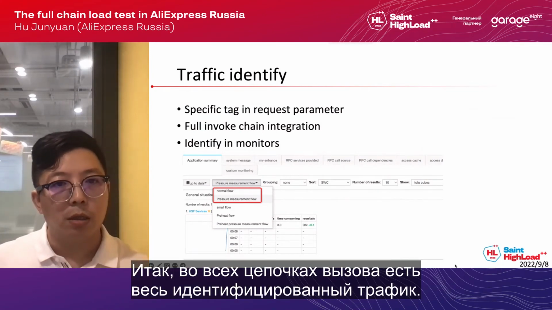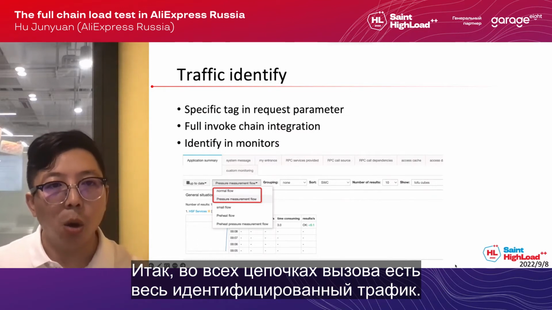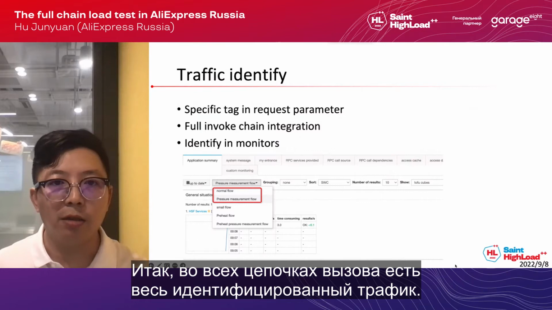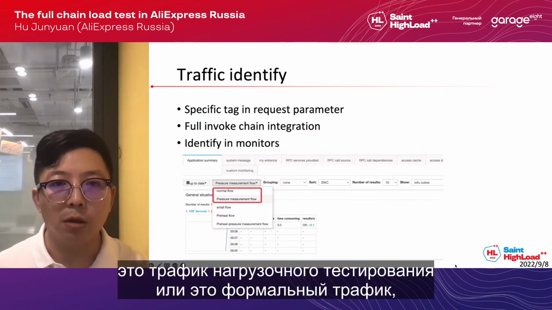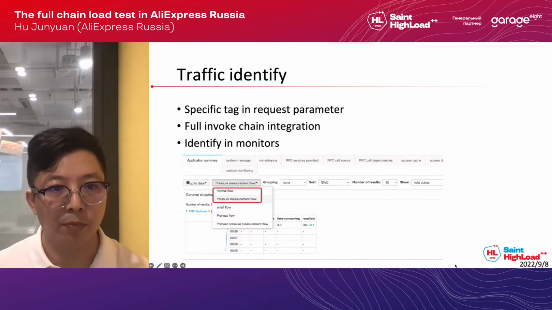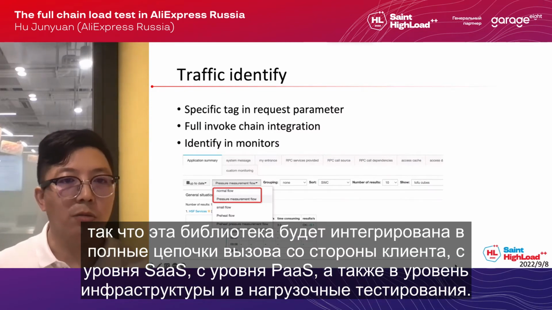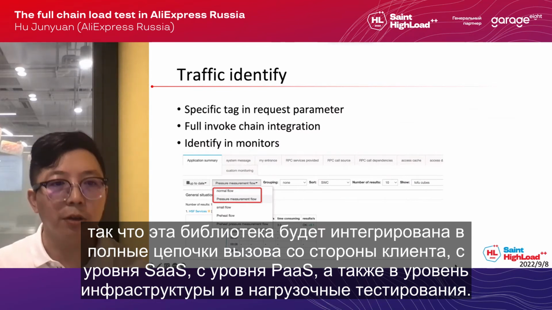So in the whole invoke chain, all the traffic is identified as either load test traffic or formal traffic. This library will be integrated in the full invoke chain from the client, from the SaaS layer, from the PaaS layer, and in the infras.